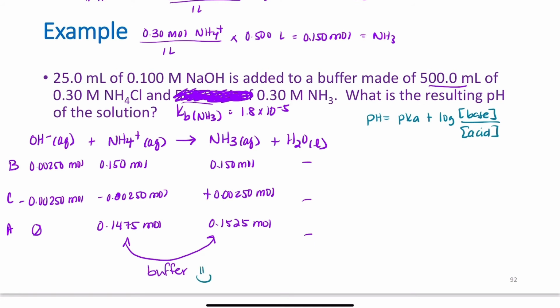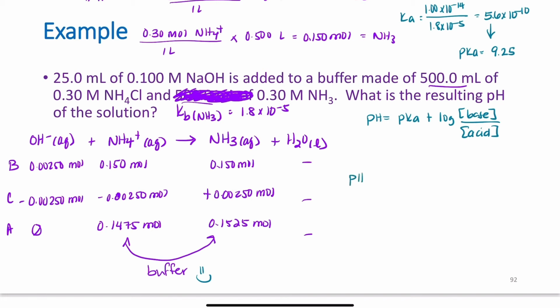I have the Kb. I need the Ka. 1.00 times 10 to the minus 14 divided by 1.8 times 10 to the minus 5th gives me 5.6 times 10 to the minus 10. That's the Ka. I take the negative log of that to get the pKa value.